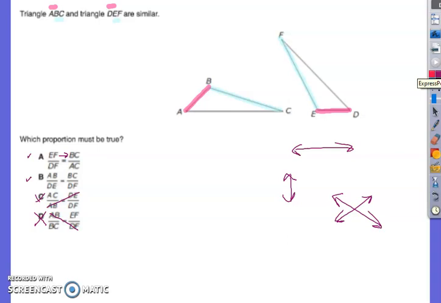DF and AC. So I'm not going to choose it yet, but we're going to talk about it, okay? So this one's a maybe.